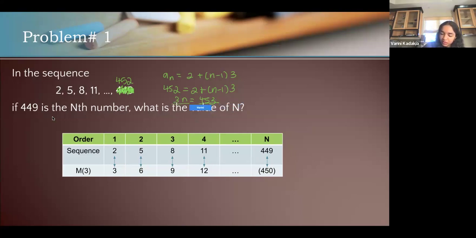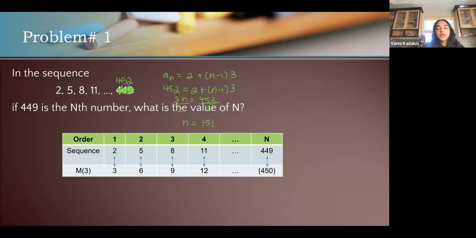So we get n equals what? 453. Madam, but we can divide 453 by 3, right? So we get the answer is 151. The answer is 5.